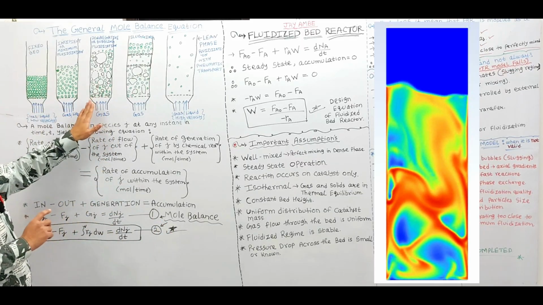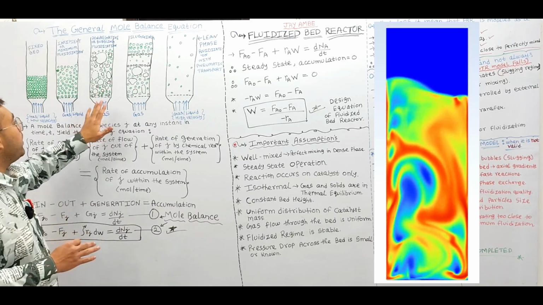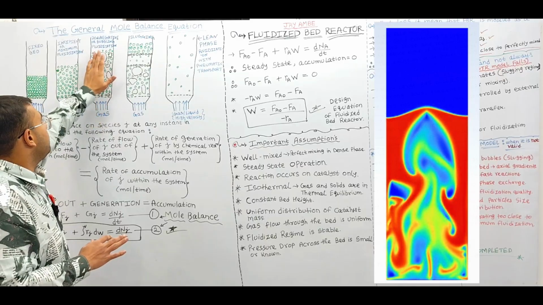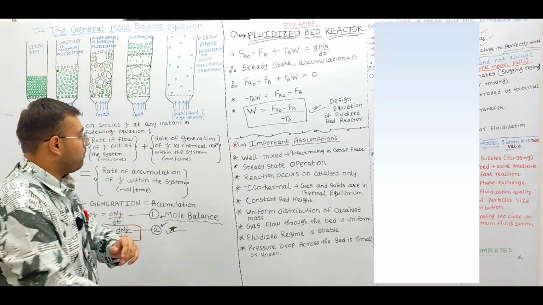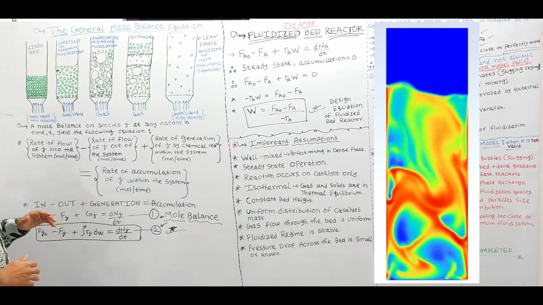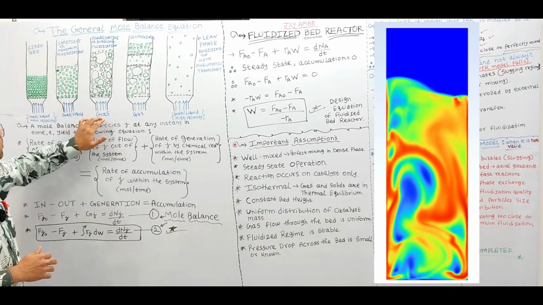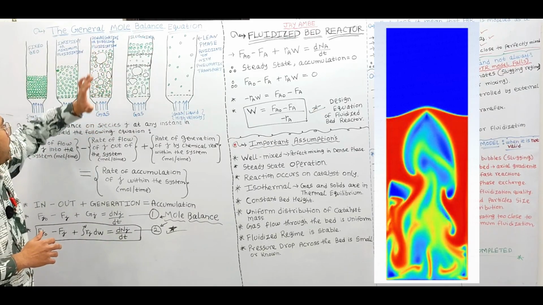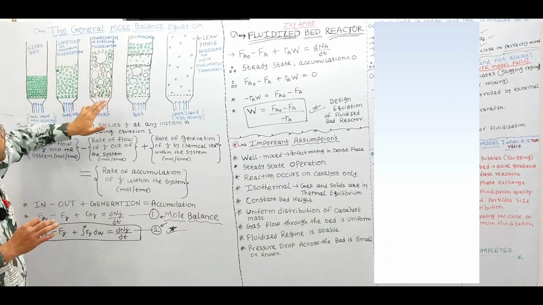So we need to ensure the uniform distribution of all the solid catalysts in the reaction environment of the fluidized bed reactor. And we also need to ensure the flow of the gas or fluid through the catalyst bed in the upward direction is uniform.